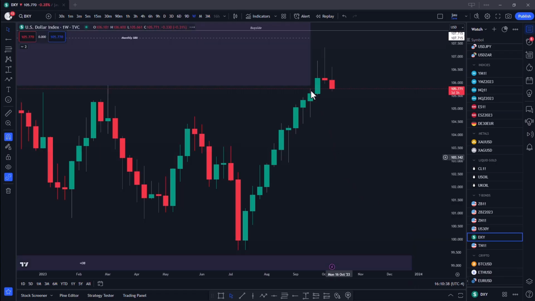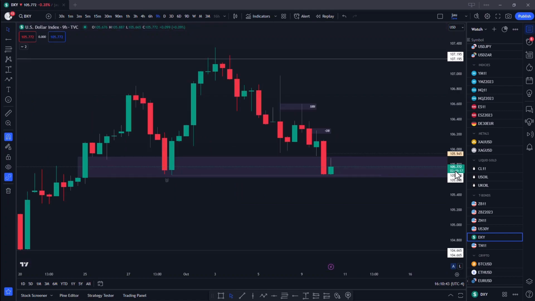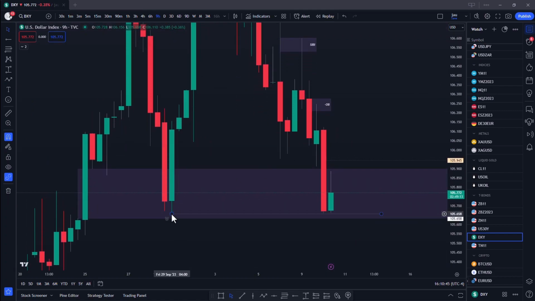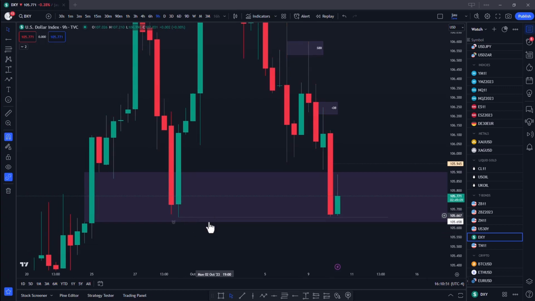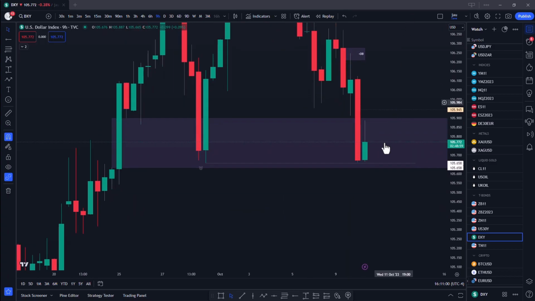The other update that I had was on the dollar index 9-hour chart. We got so close to sweeping this sell side liquidity, and I'm beginning to feel that we may not actually sweep this low for us to go higher. We may leave these relative equal lows and continue higher to the buy side targets that I pointed out in the previous video.